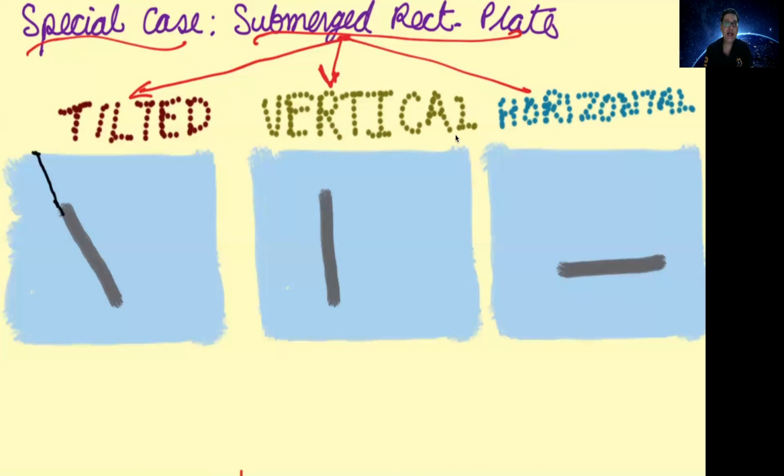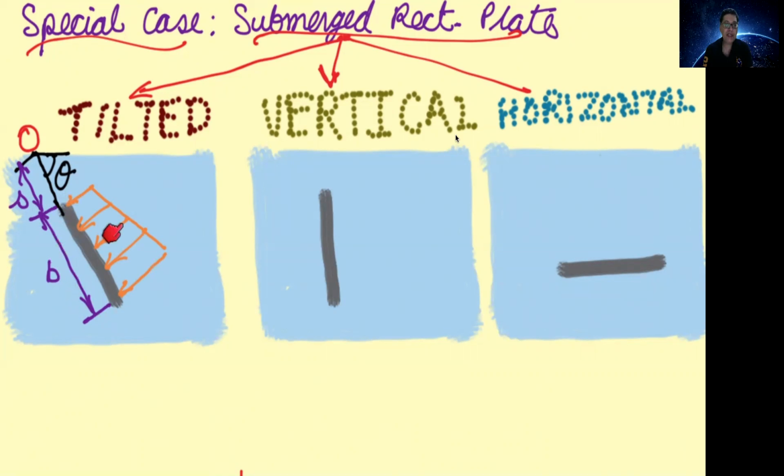So the tilted plate is inclined at an angle of theta, and the tip of the plate is located at a distance of s from the free surface, and the length of this plate is b. This is a rectangular plate, the dimension of this plate perpendicular to this plane is a, and the surface area is a into b.